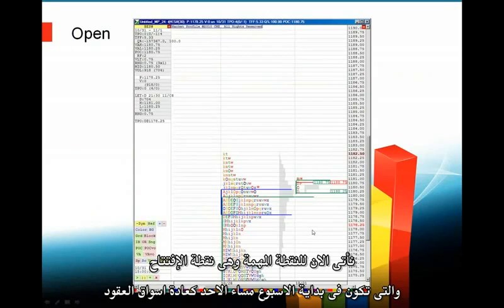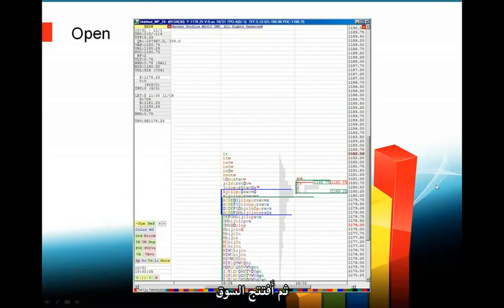And the interesting point is the open. So I'm looking now at the beginning of the week, and for the futures, as you are all aware, this starts on Sunday afternoon, and the market opens at about 1180.5, all right? And I take a look at what happens at the open.